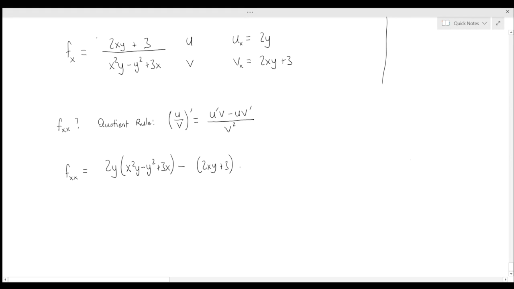So v prime is times another 2xy plus 3. Since I'm multiplying two of them together, I can write it as being squared. And then we're going to have v all squared. That's going to give me my fxx. Since I'm not doing anything else with the problem, I'm not going to simplify this one too much. I'm just going to leave it as it is.